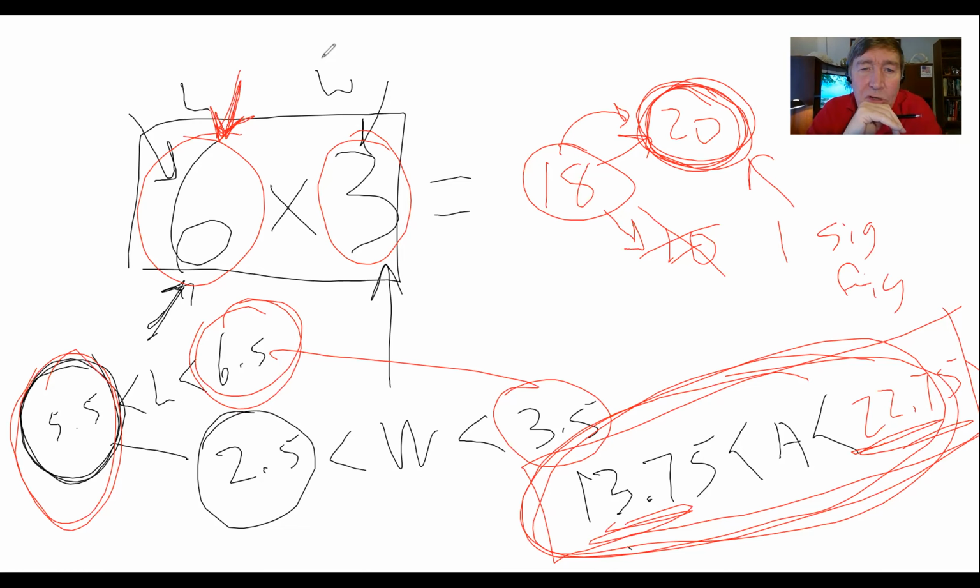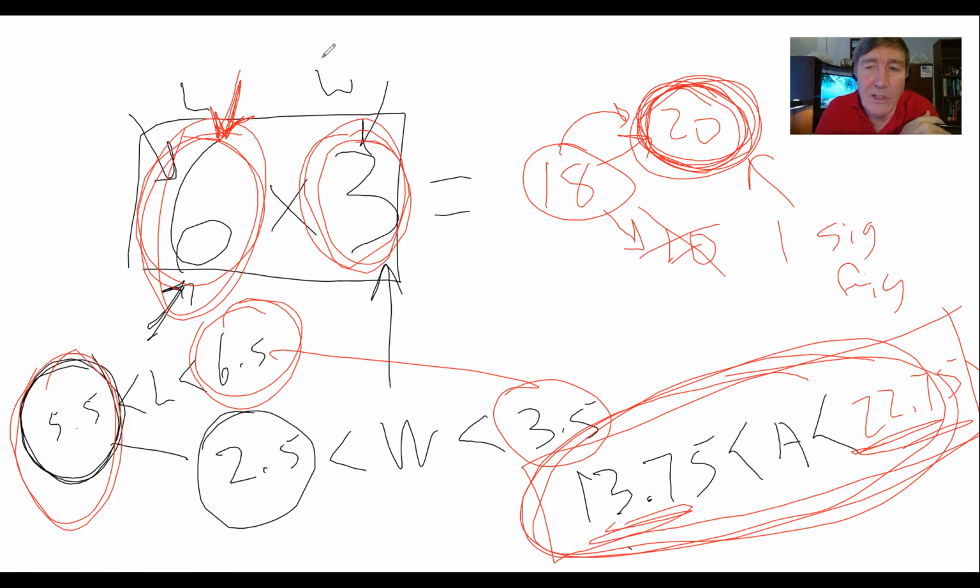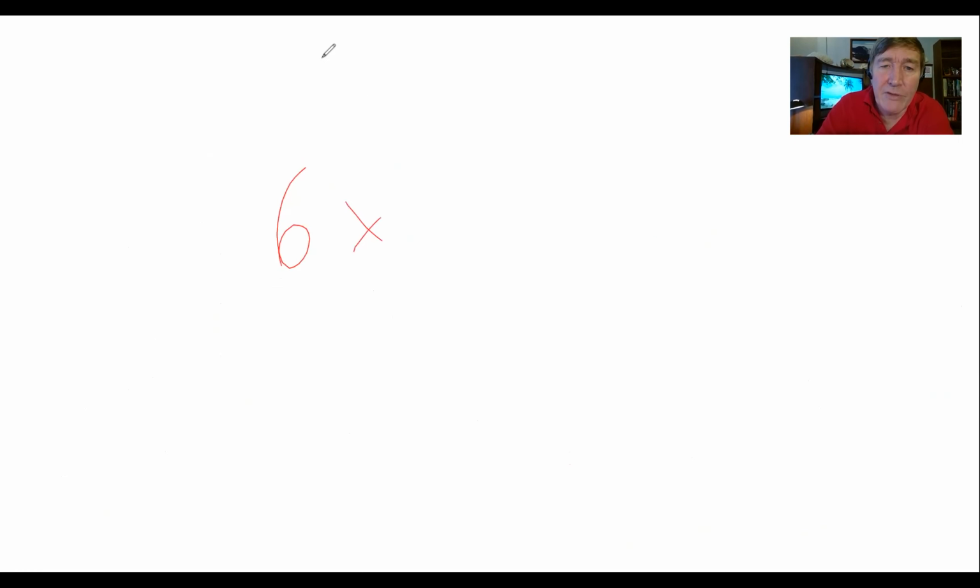If my input numbers only have one sig fig each, my output number had better have only one sig fig. So in this class, 6 times 3 equals 20.